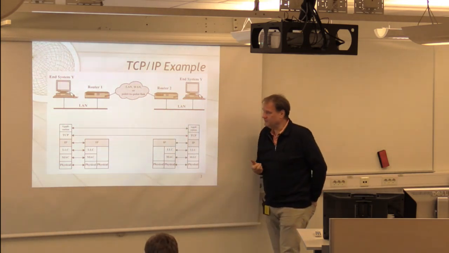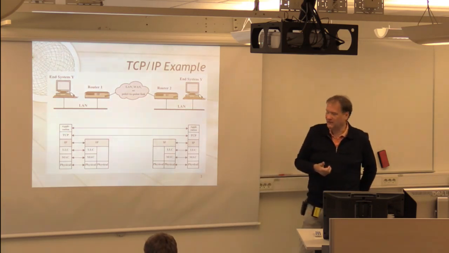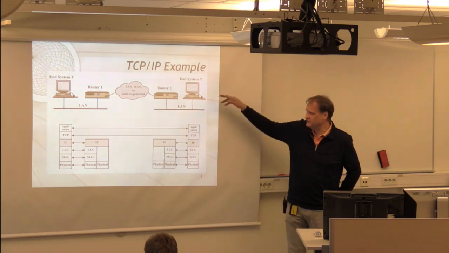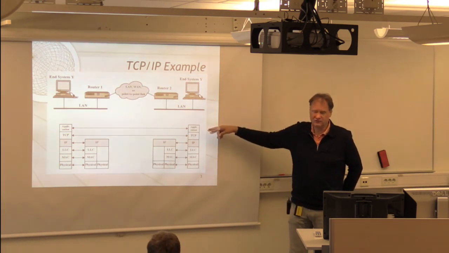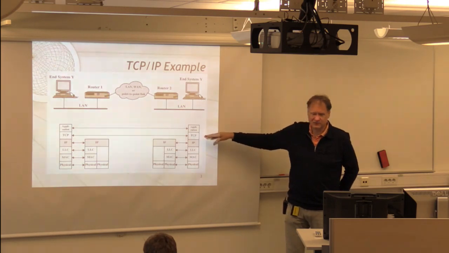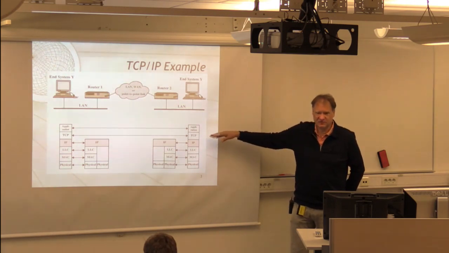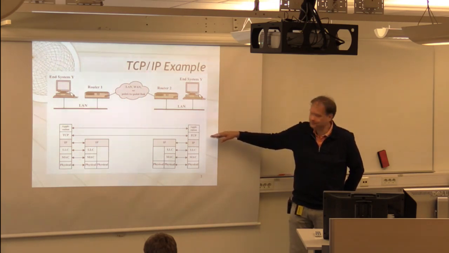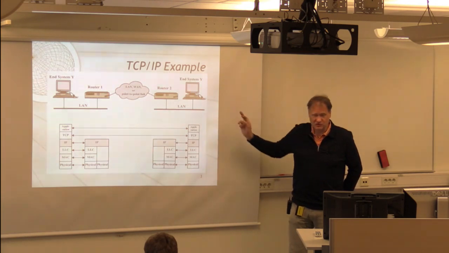And if you look at the communication that we have, there are two different applications on each end system that are communicating. That could be mail or web, whatever. On the transport level, we have some type of transport connection. Could be UDP or TCP or something else, but we have some type of connection here. And that is also end-to-end.